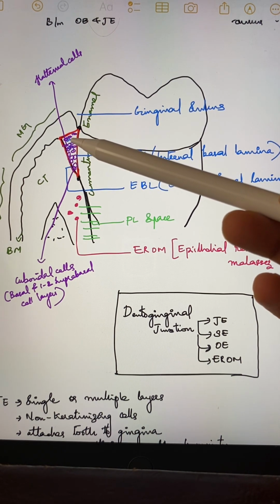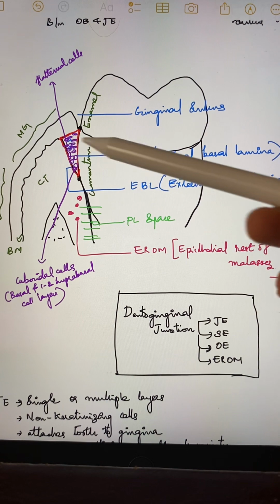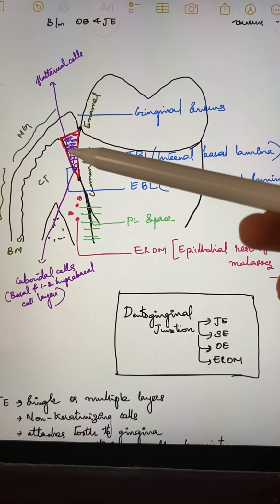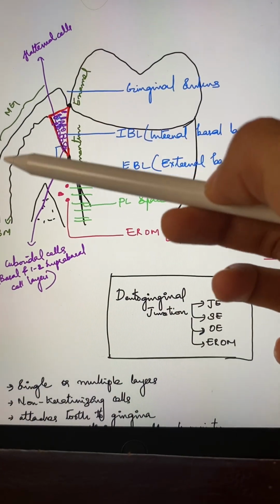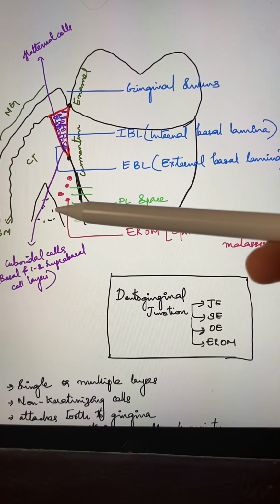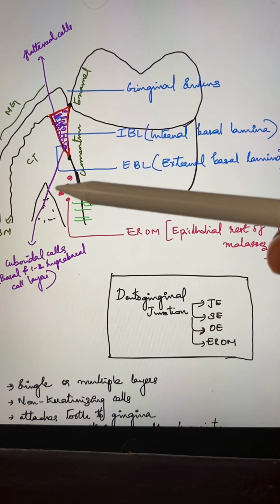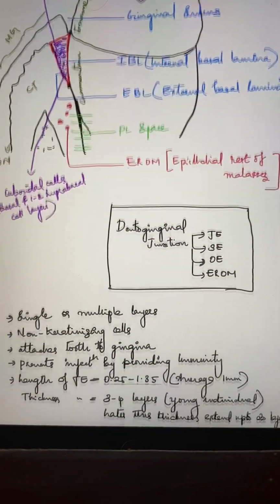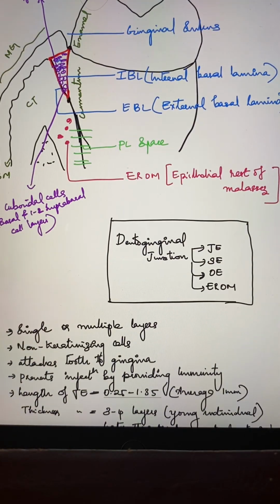They have great importance in the host defense mechanism. I will explain this later, but now I am just giving an overall idea. The junctional epithelium, sulcular epithelium, oral epithelium and epithelial rest of Malassez together are known as the dentogingival junction. Now I think you have an overall idea of the junctional epithelium.